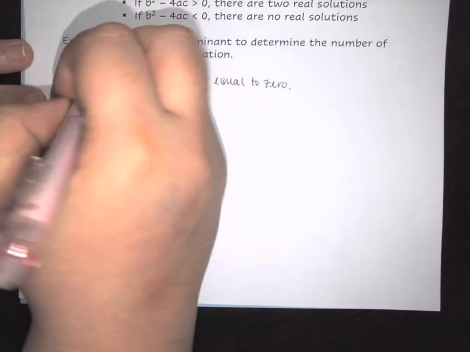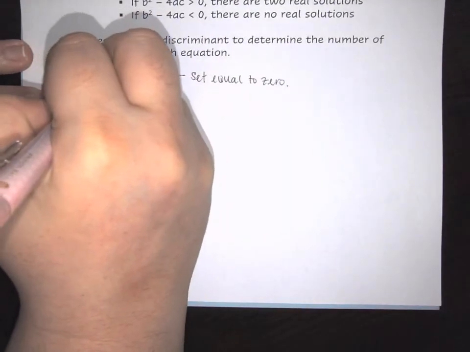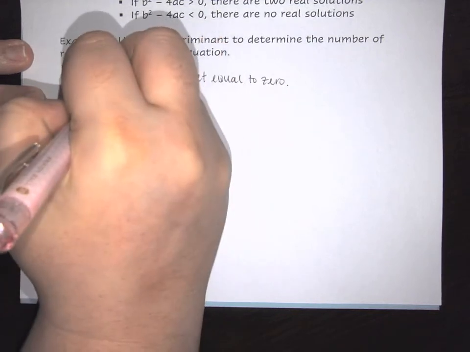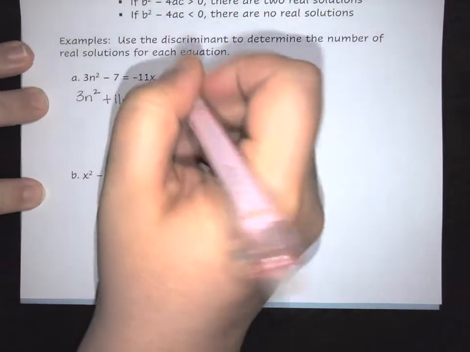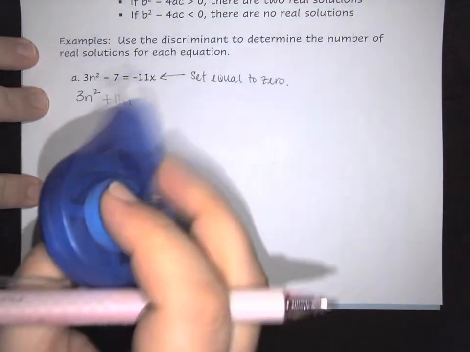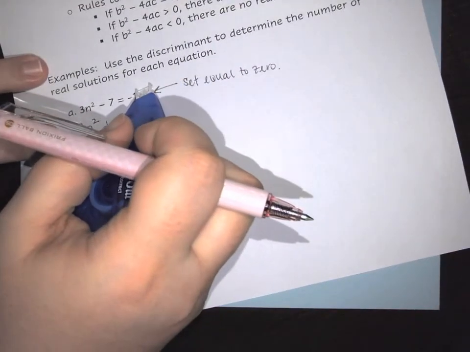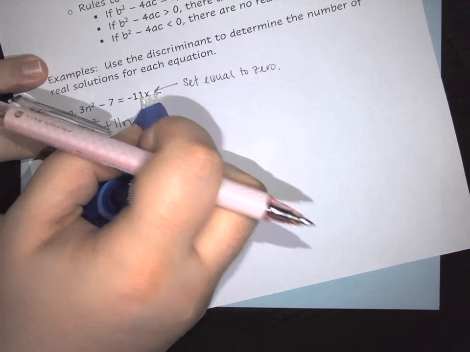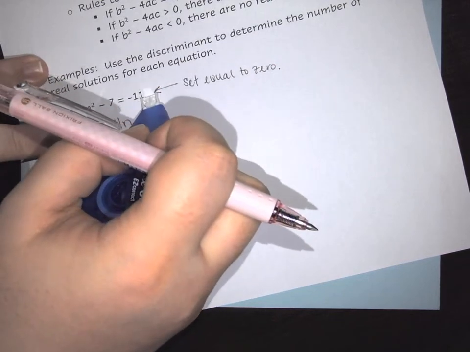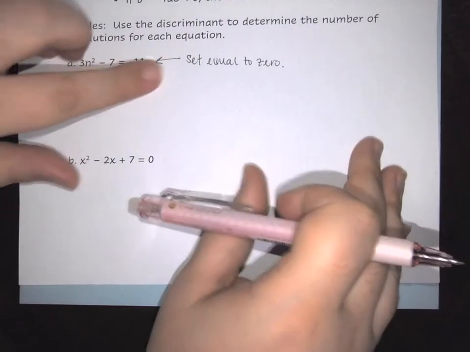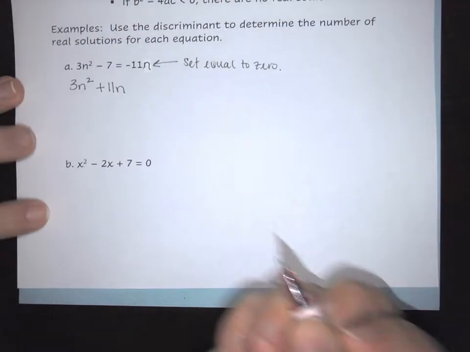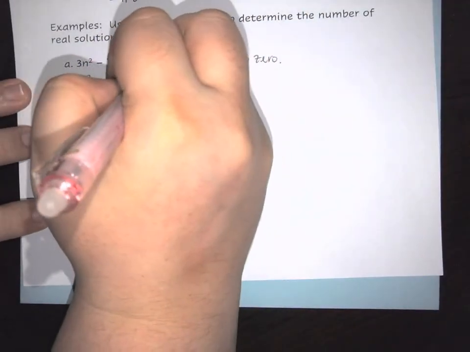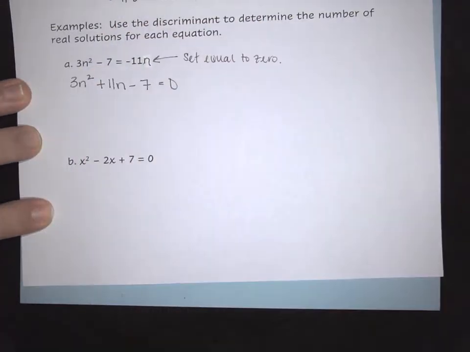And so here you've got 3n squared plus 11n, sorry, let me change that here to avoid confusion. Alright, so this is an n. And then we have minus 7 equals 0.